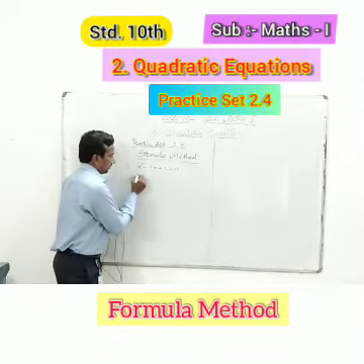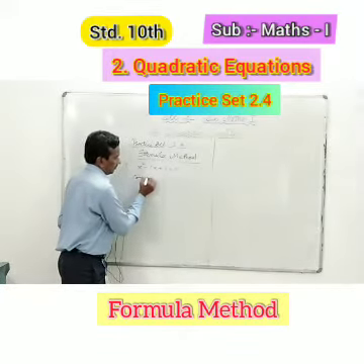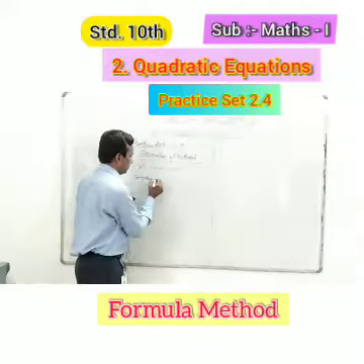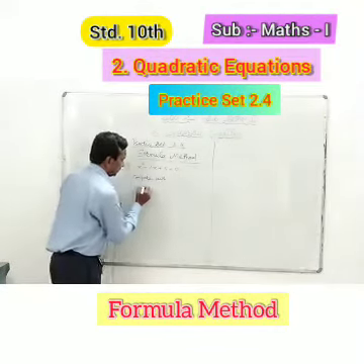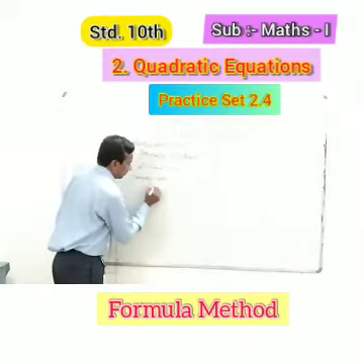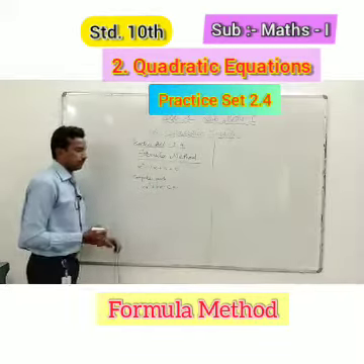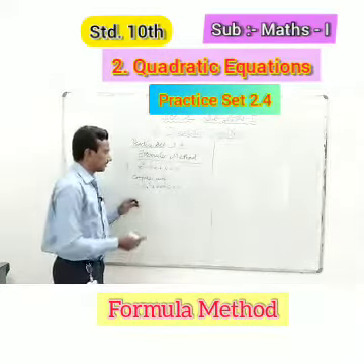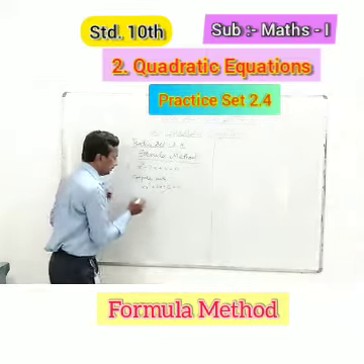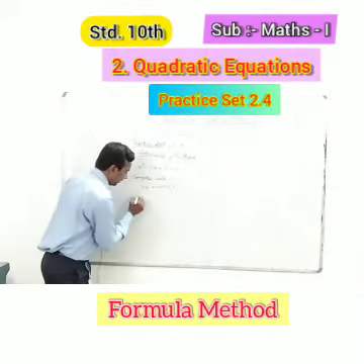Now compare the given equation with the standard form ax square plus bx plus c equal to 0. Now we have to find out the values of a, b and c.